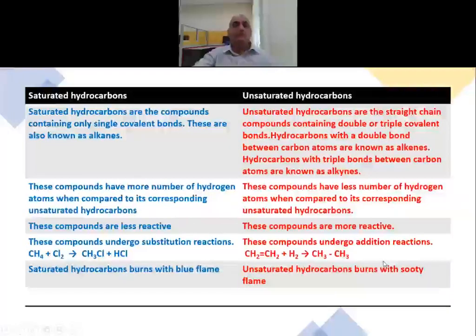Here we have some common differences between saturated and unsaturated hydrocarbons. If a single covalent bond is present, it is called a saturated hydrocarbon, and if a double or triple covalent bond is present, we classify them as unsaturated hydrocarbons.